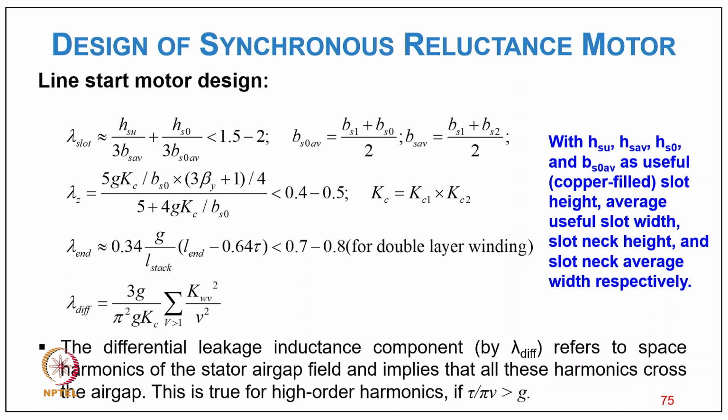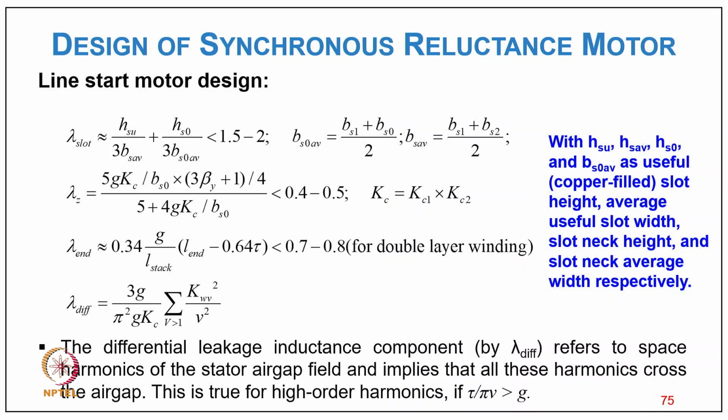So from here, the lambda slot equal to hsu upon 3 bsv plus hso upon bso, less than 1.5 to 2, and bs average equal to bs1 plus bs2 by 2, and lambda z equal to 5 g Kc divided by bso into 3 beta y plus 1 by 4 divided by 5 plus 4 k g Kc divided by bso, that is less than 0.4 to 0.5, and Kc equal to Kc1 Kc2.